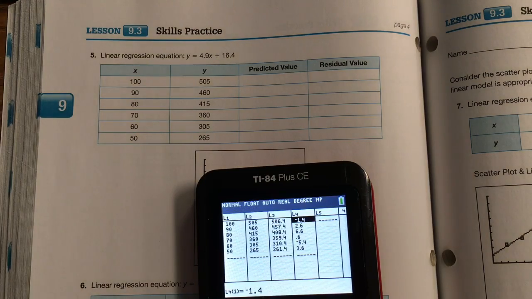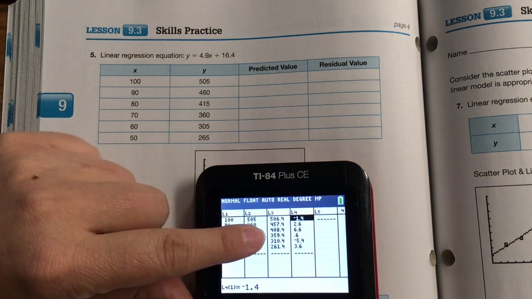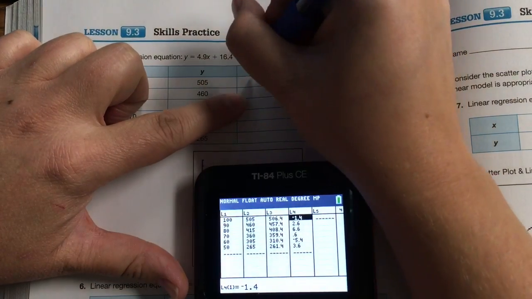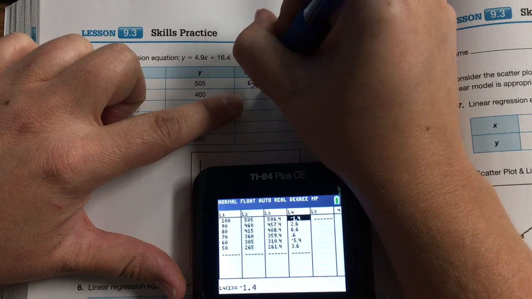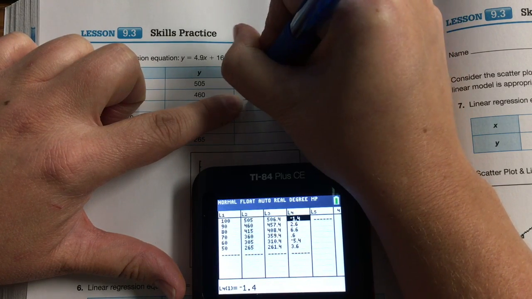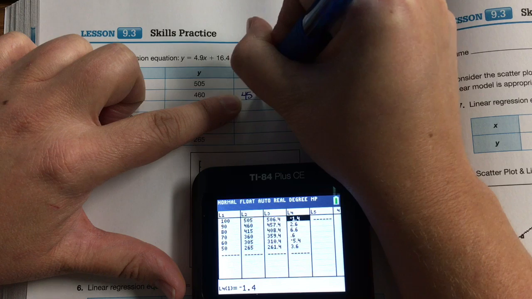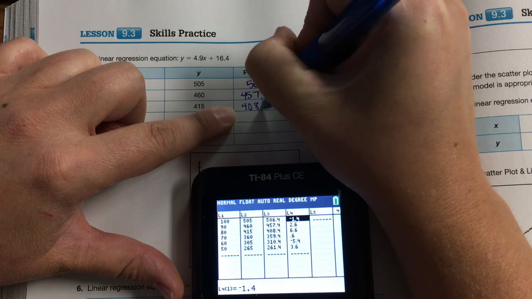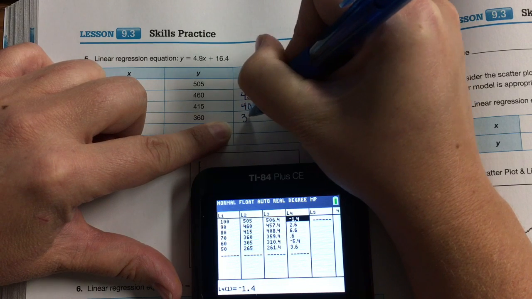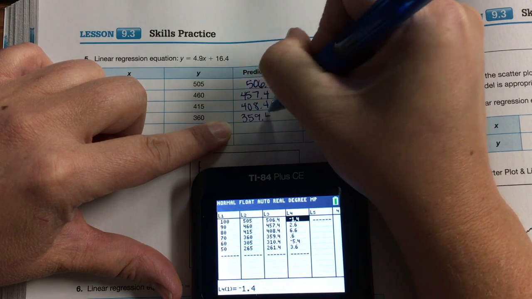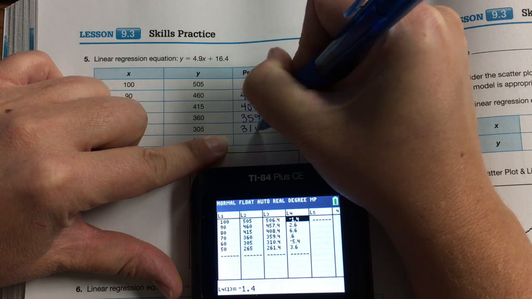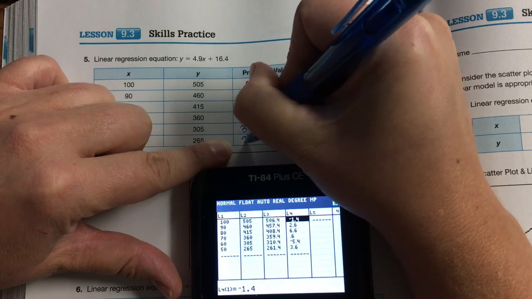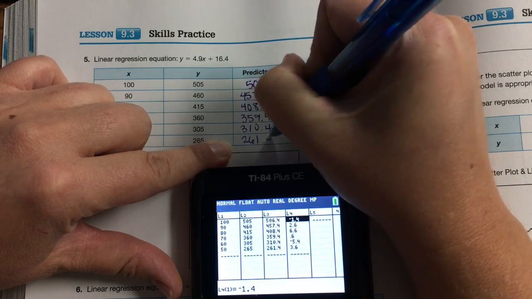First thing I'm going to do is I'm going to write my numbers from my calculator into my table. So I got 506.4, 457.4, 408.4, 359.4, 310.4, and 261.4.